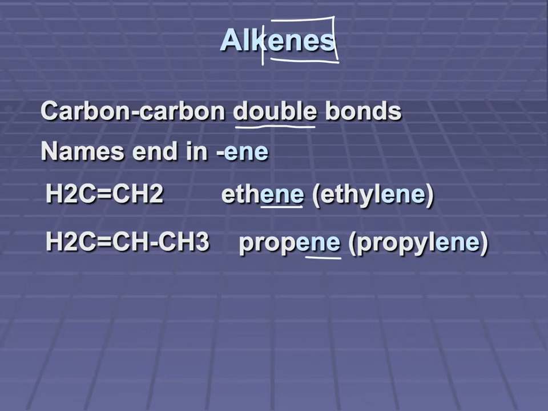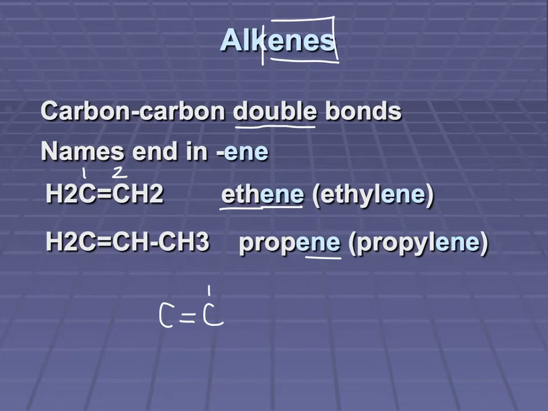So if we look at this first example, there's only 2 carbons, so the prefix for 2 is eth, so it's ethene. All right, so notice what happens. I'm just going to sketch it out here. Notice what happens when we add in a double bond. Remember, carbon can only make a maximum of 4 bonds.